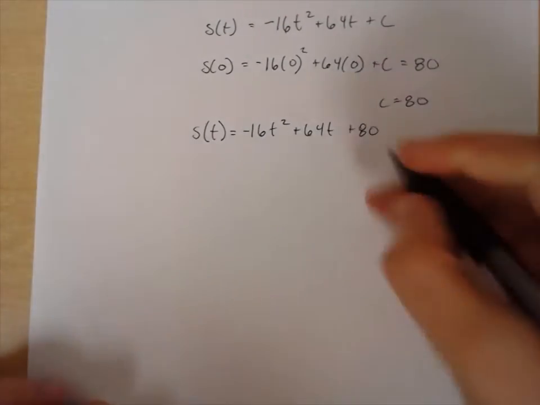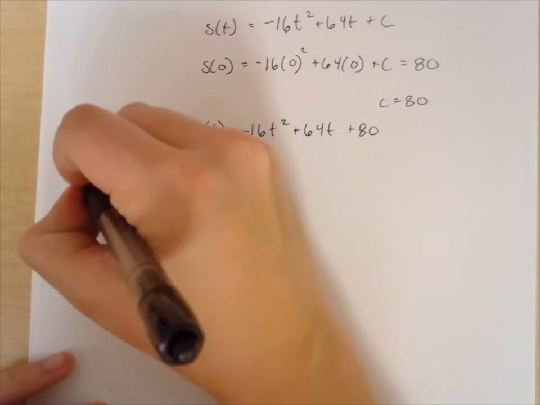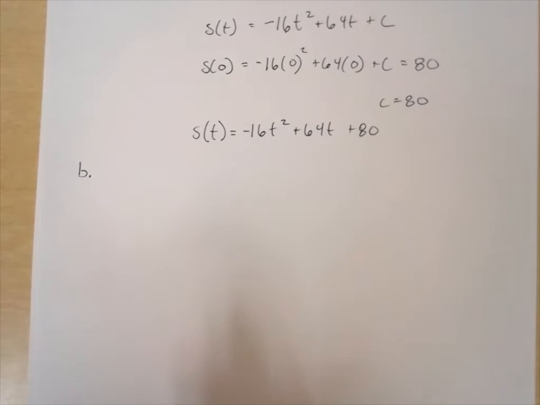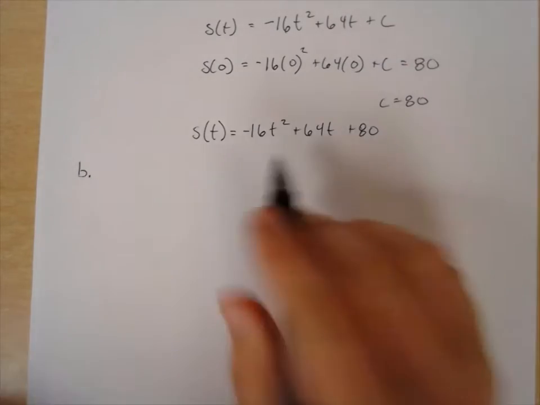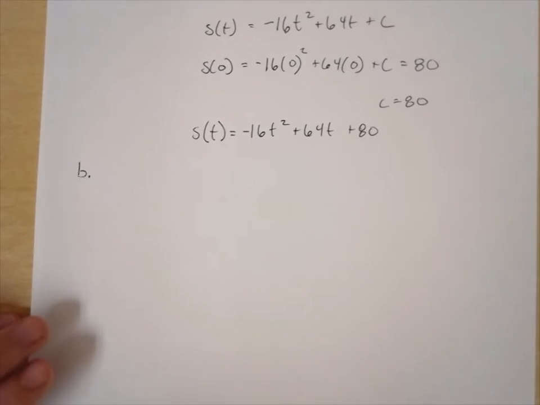Now, what I can do to answer part B is set this equal to 0. Remember, when our position is 0, that is when we can find the time that the ball reaches the ground. So I can begin that process by factoring.